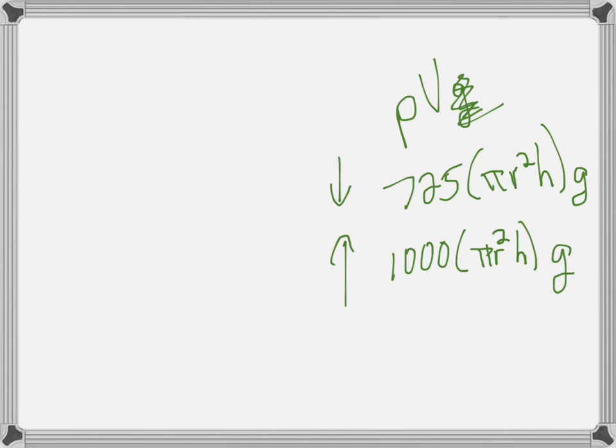This is our weight. This is our buoyant force. And that's why I didn't really want to do the gravities, because I could cancel out the gravities. Instead of these being weights, they would be kilograms. And I could subtract them and see how much weight I could be using.